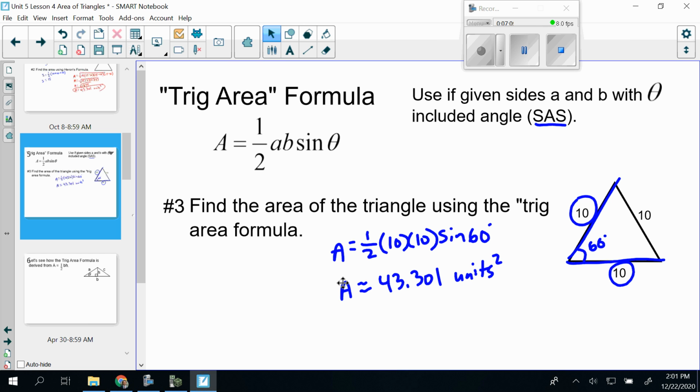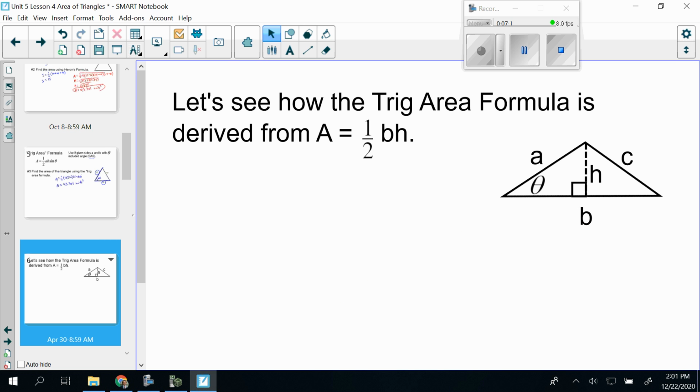How does this trig area formula work? Let's just see. It's basically just doing what we did before to solve it here. So if you were to have one of these triangles and we're doing our half base times height in this problem, we'd have to find out what that height would be right here.